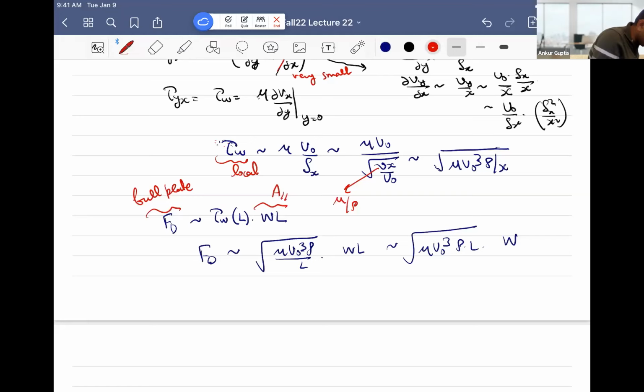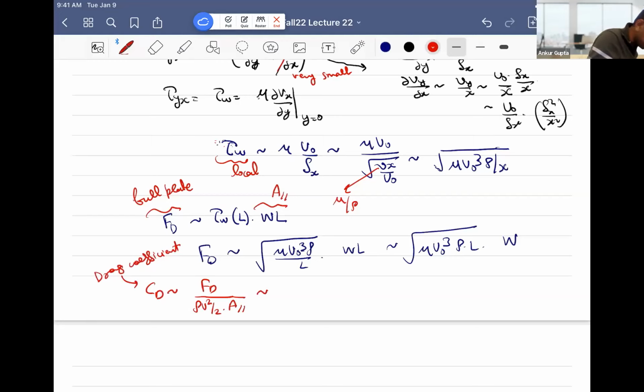And finally, we'll also define something known as the drag coefficient, which is FD over rho U square by 2 times area parallel. In this case, we are defining it like this. And I will let you do this.